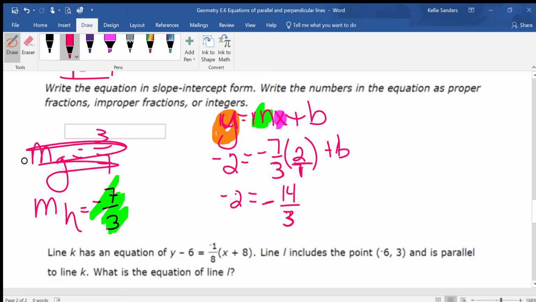Do not put 14 over 3 as a mixed number. After Algebra 1, mixed numbers become obsolete. We don't really use them anymore.